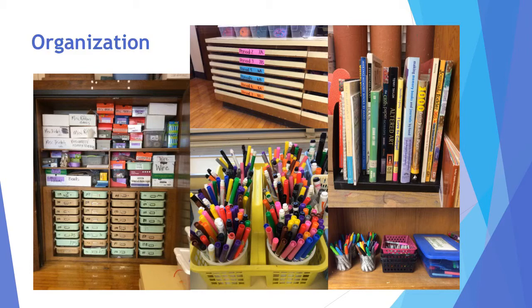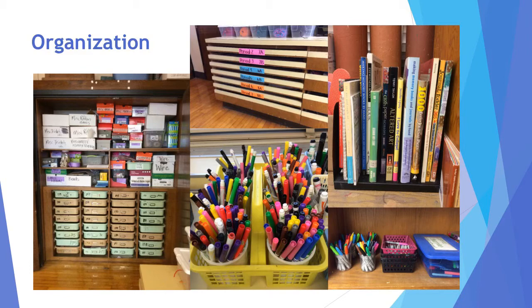The bottom right photo shows my Sharpies. I keep those on a shelf behind my desk. If a student wants to use them, they come up and ask me for them, so that I can keep an eye on who's using them and make sure that they get put away. And then each center has books that coordinate with the supplies in the area.